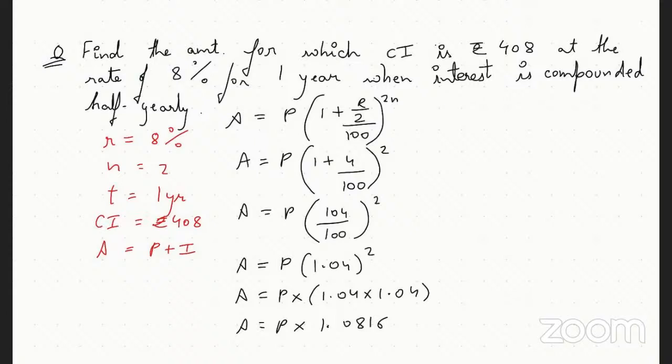This is my equation. Now the compound interest formula, that is CI, this is part 2 of this question, equals amount minus principal. This is what we do.